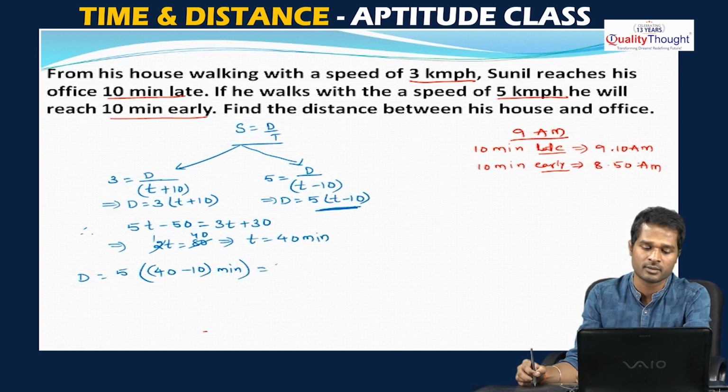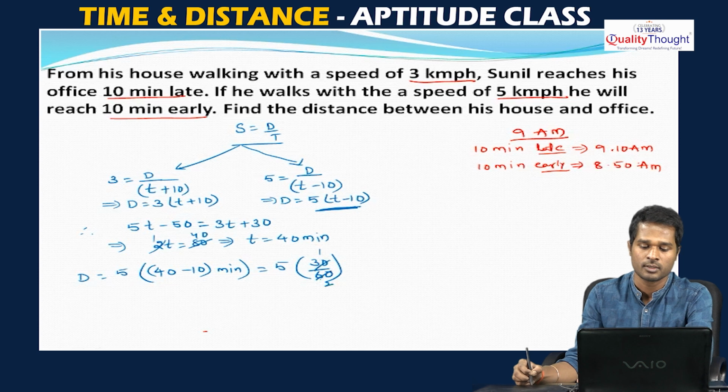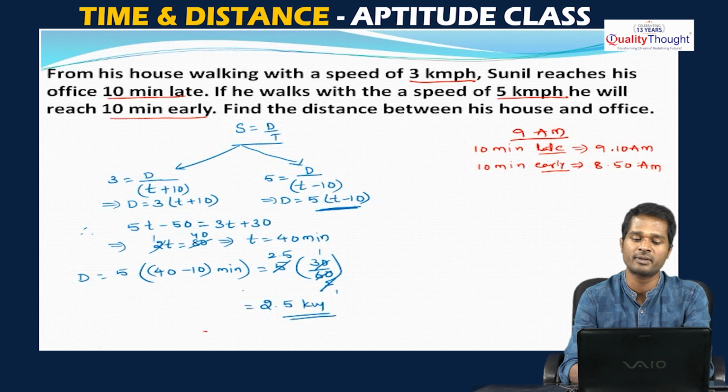So this 30 minutes is converted into hours by dividing by 60. So 30 by 60, 2 ones are 2, 2 5s are 10. So the distance between house and office is 2.5 kilometers.